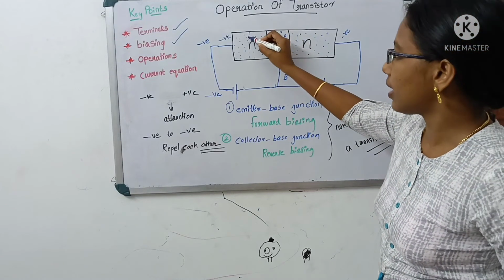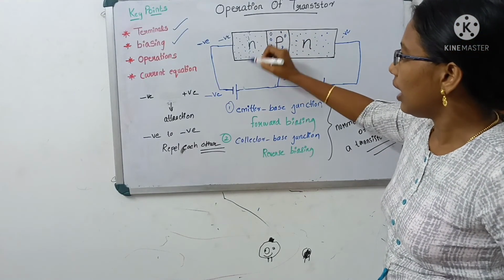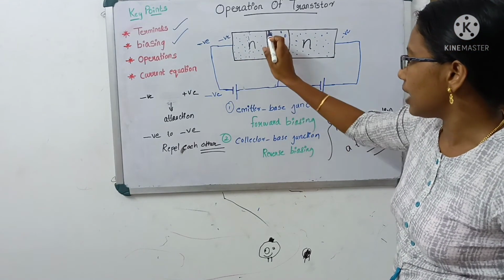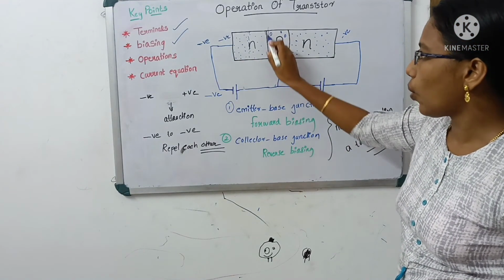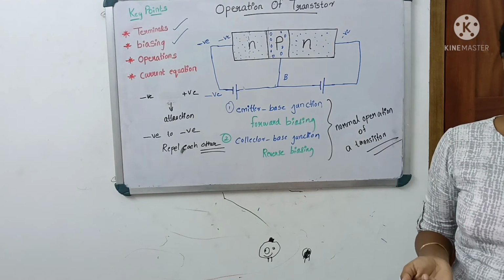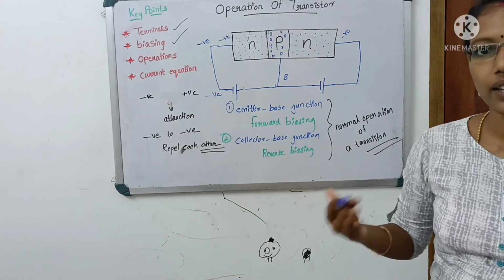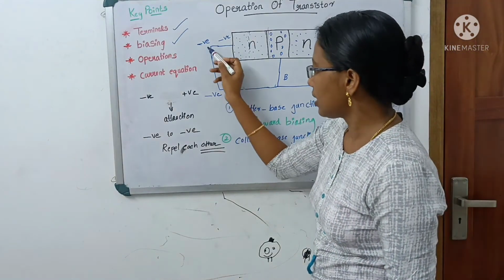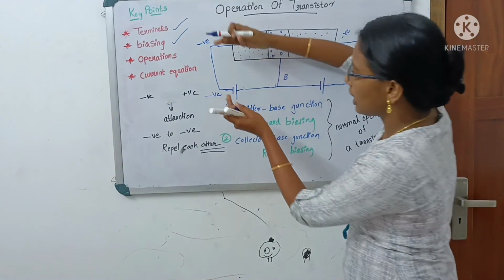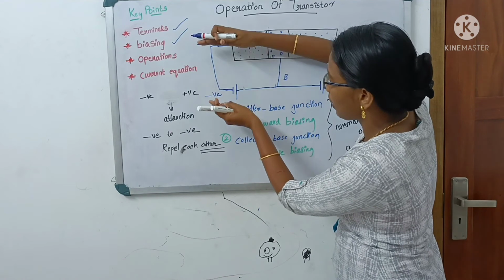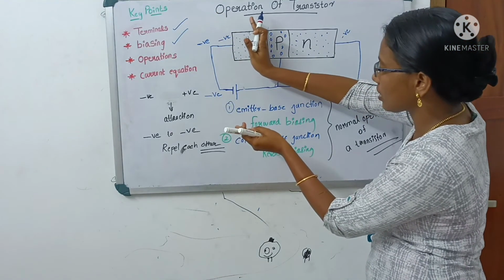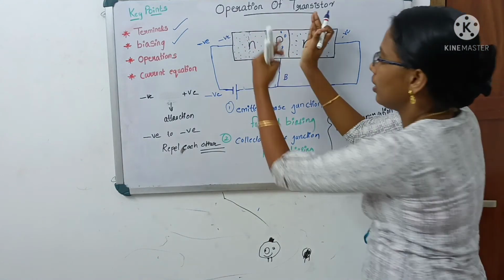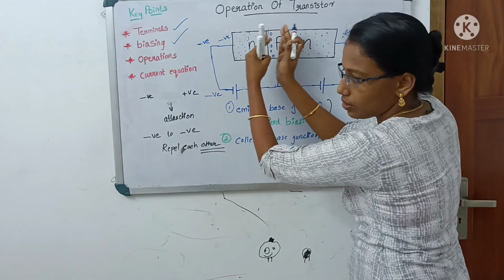Here there is an N region and the depletion region. So in the emitter base junction there is a narrow depletion region. Why is it a narrow region? Because we are connecting negative. Based on the negative charge, there is a repulsive force. So all the electrons move and the depletion layer width is so narrow.